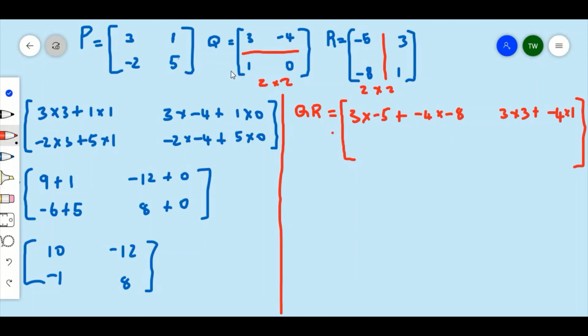Then we are finished with row 1. So now we are going on to row 2. We're going to use row 2 to multiply column 1. So it's going to be 1 times negative 5, plus 0 times negative 8.